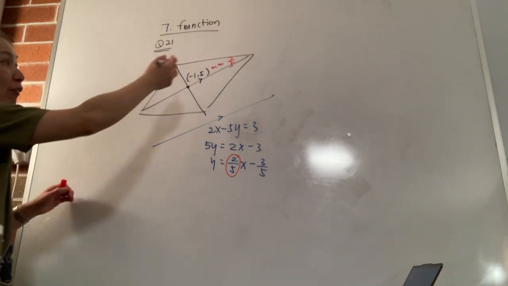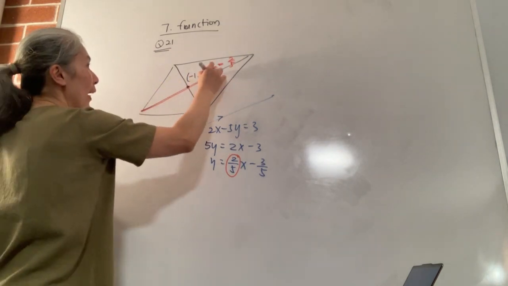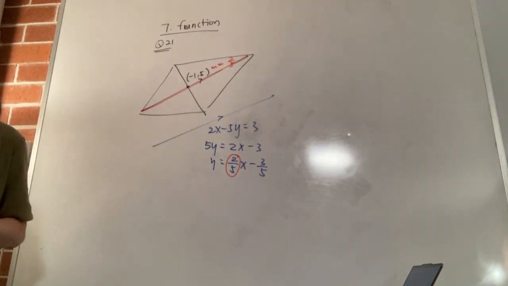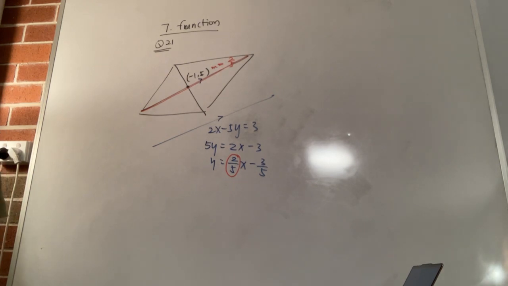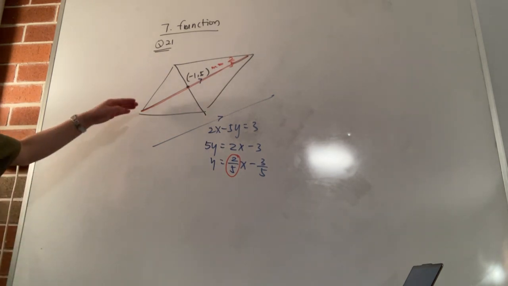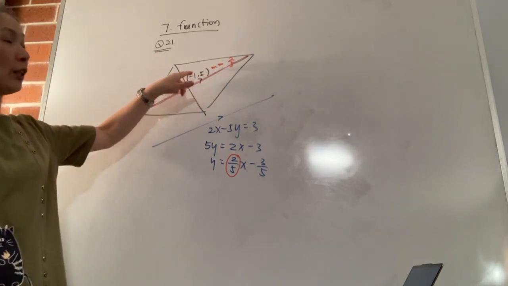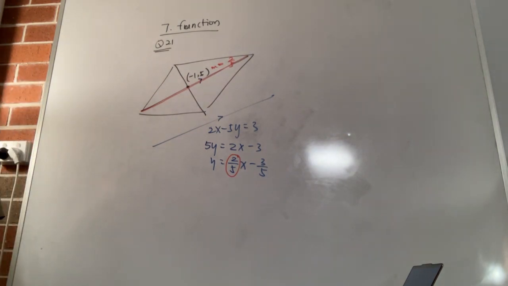Now, having the gradient and having a point, can you find the equation? Yes, let's find the equation. Now you can find this equation because you know the gradient and you know a point. Put them in the point-gradient formula.